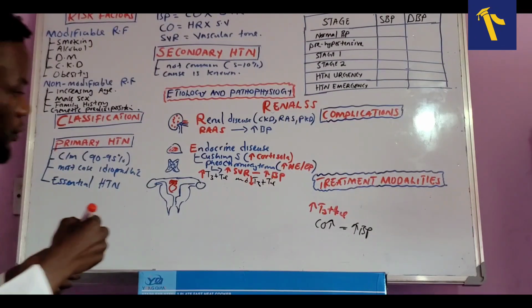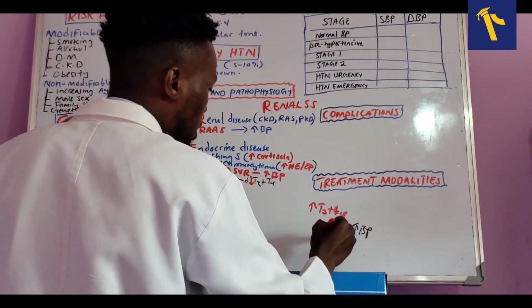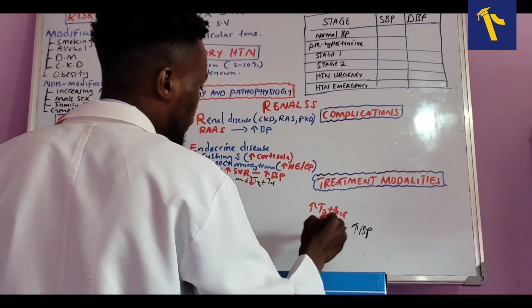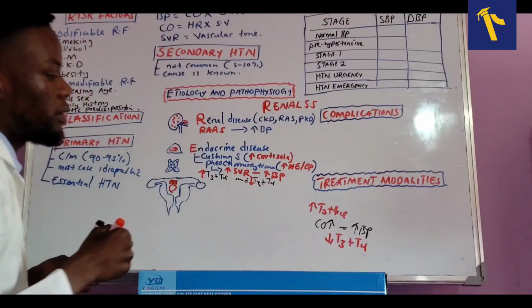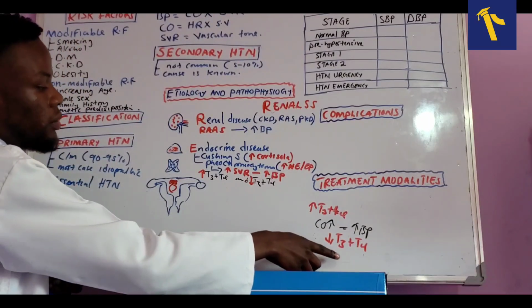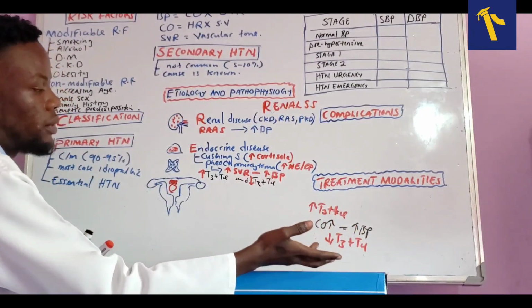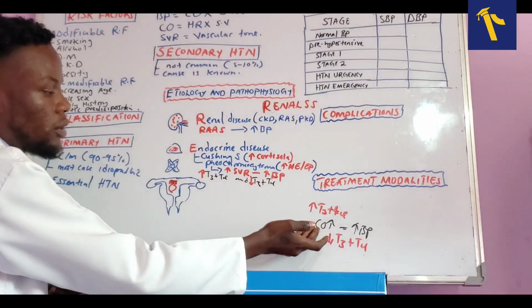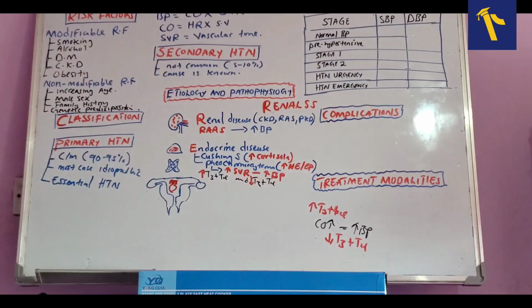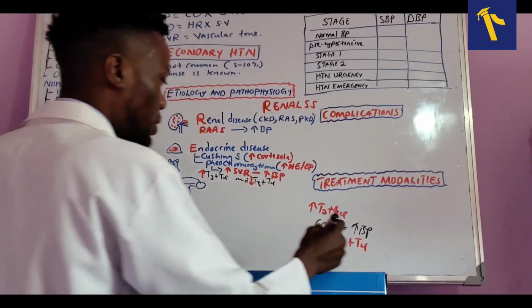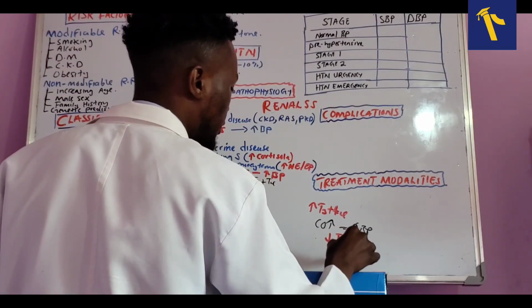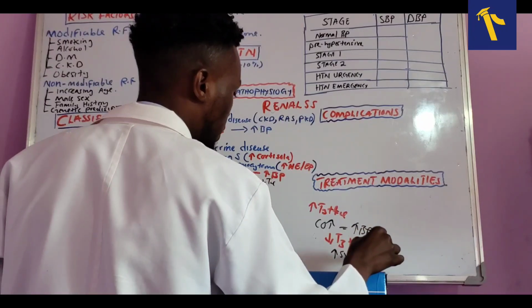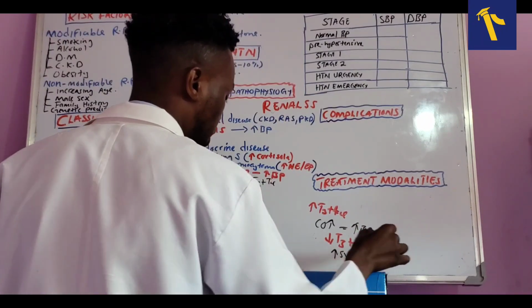But this one is strange. Hypothyroidism has another mechanism of pathophysiology. Instead of increasing the cardiac output, it is going to increase the systemic vascular resistance, resulting in increased blood pressure.